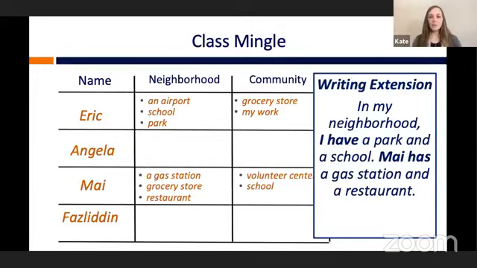Great. And then one other interesting question from Nyak Lu. How do you make sure that students are using the target language? So she's asking, what if you give this activity to the students and they just start using their first language the whole time? Yeah, that's a good question. I think that gets back to the rules that you have in your class, the stipulations, and just communicating what your expectations are to students.